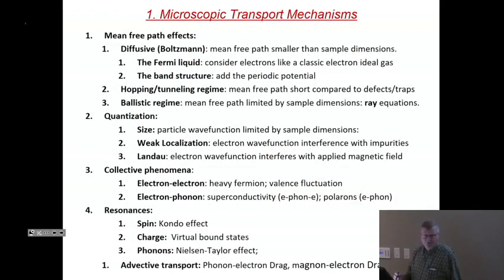There are others, of course. You can have electron-phonon interactions that become dominant. For example, an electron-electron Cooper pair coupled by a phonon will lead to superconductivity. We're actually not going to treat superconductivity here. And another classic one is that an electron and a phonon, or an electron and a local distortion of the lattice, can become intimately coupled and become one quasi-particle, electron plus phonon. That's a polaron.